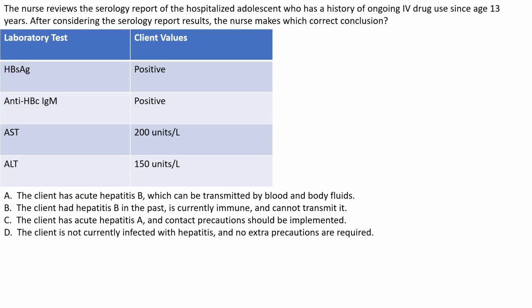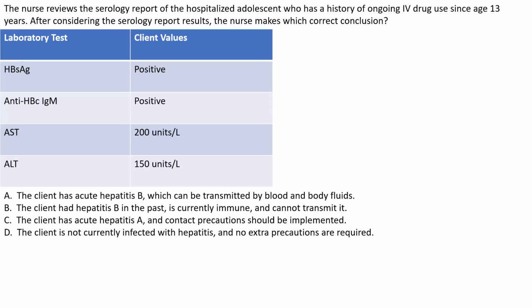So in this case, the positive IgM plus the positive hepatitis B surface antigen both indicate acute infection with Hep B.